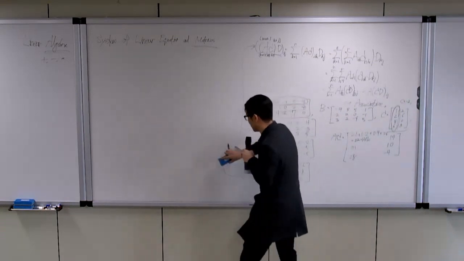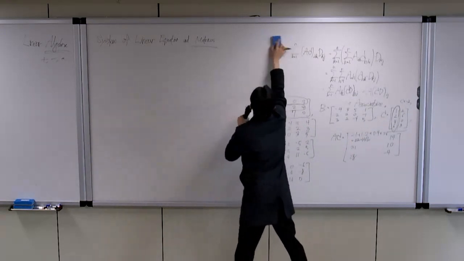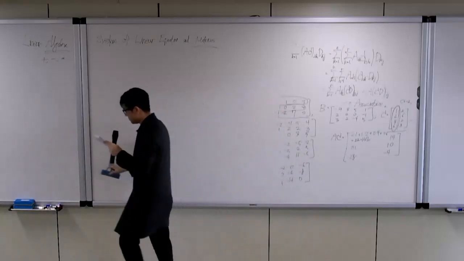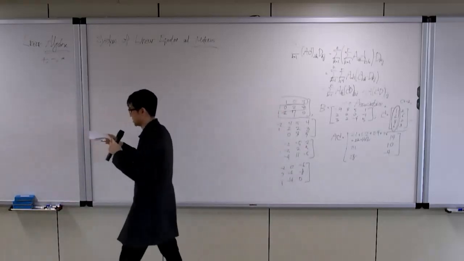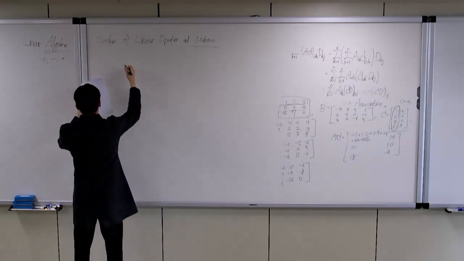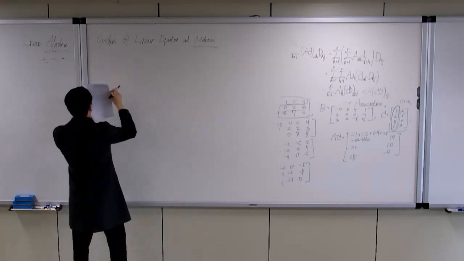So I will divide the matrix into some matrices. These are called submatrices.